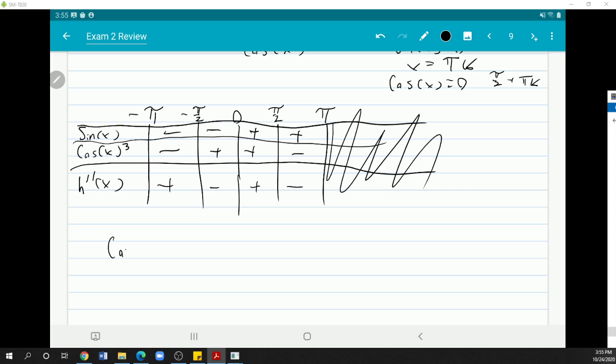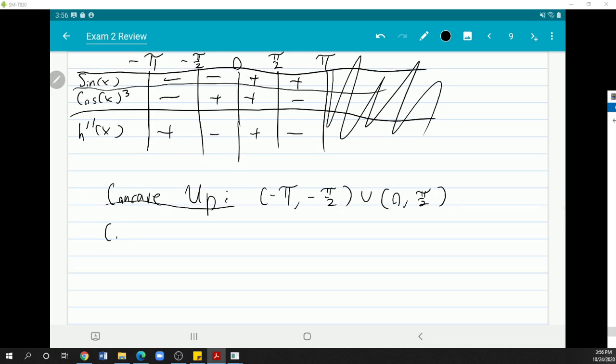So concave up from minus pi to minus pi over 2, together with 0 to pi over 2, and concave down everywhere else: minus pi over 2 to 0, together with pi over 2 to pi.